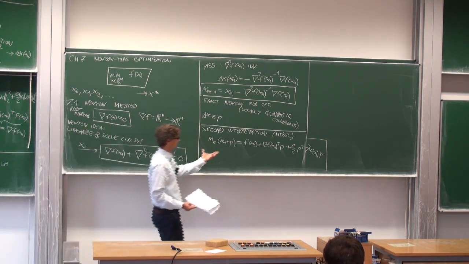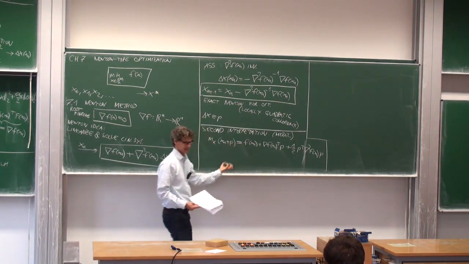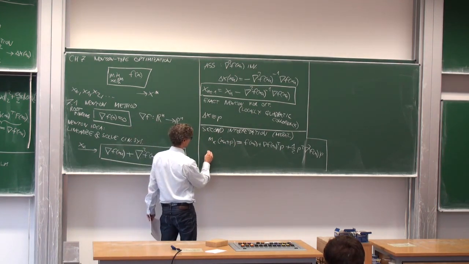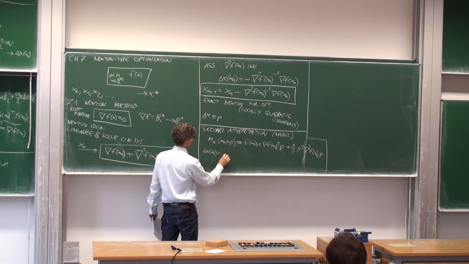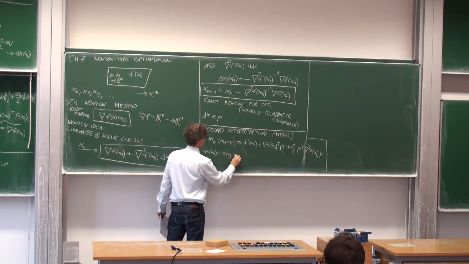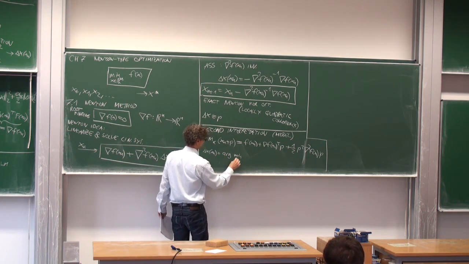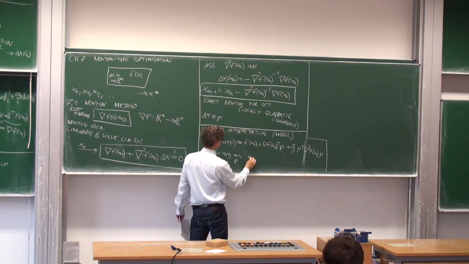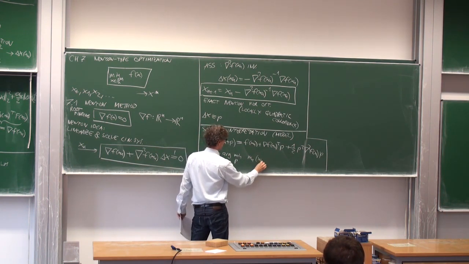And now I could ask the question, let's minimize that. So I could say actually that delta x at xk is given by the argument that minimizes, over all p, this model mk of xk plus p.